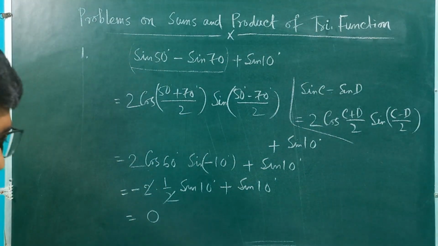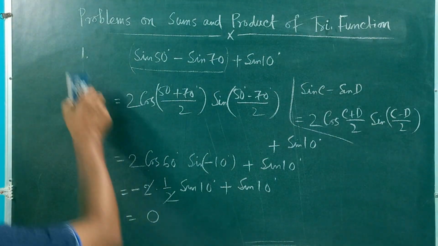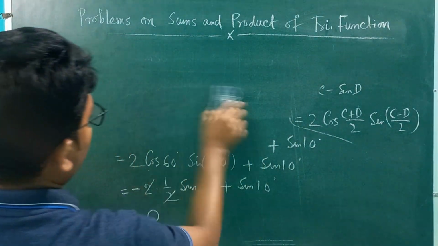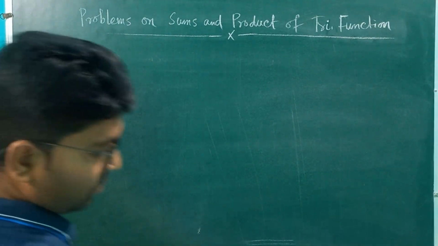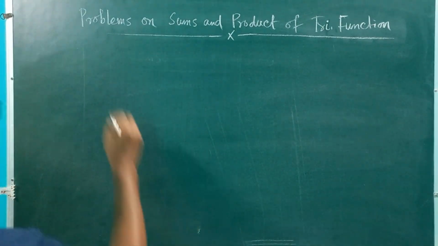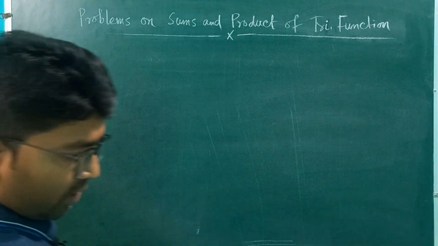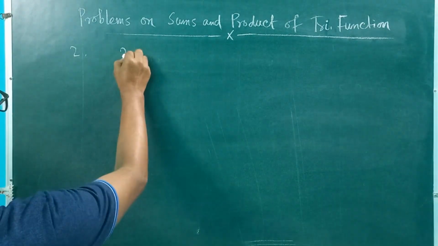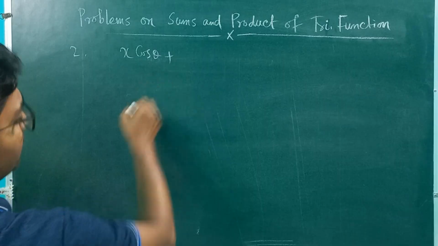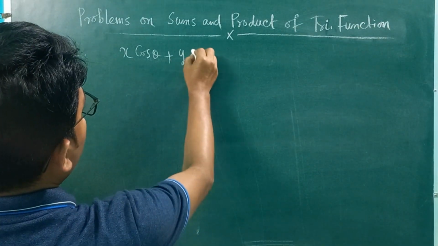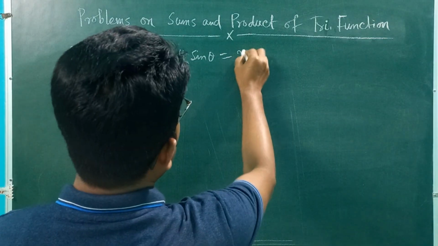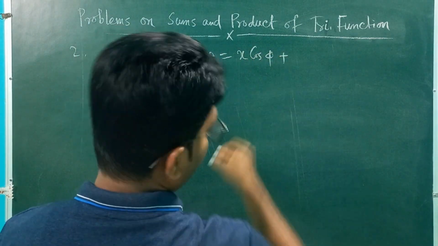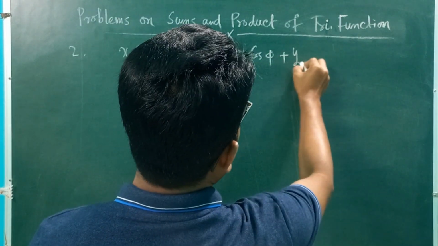Now what is the second problem? See, number 2. The given condition is x cos theta plus y sin theta equals x cos phi plus y sin phi.